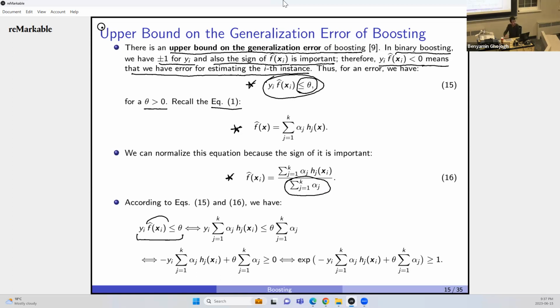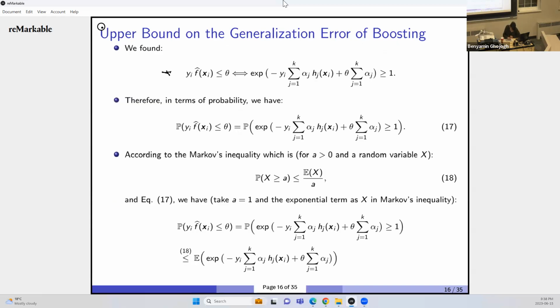I multiply both sides by the denominator of equation 16, so it becomes here in the right-hand side. Then I rearrange the terms, bring this to the other side, so I have this greater than or equal to 0. Then I take the exponential operator of both sides, e to the power of these. So e to the power 0 becomes 1. Right? Let's continue.